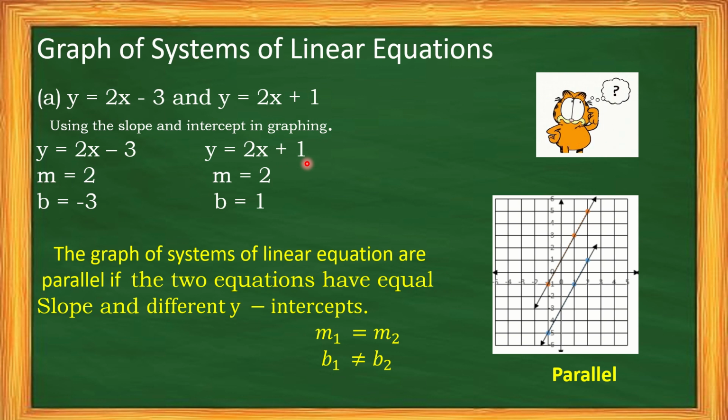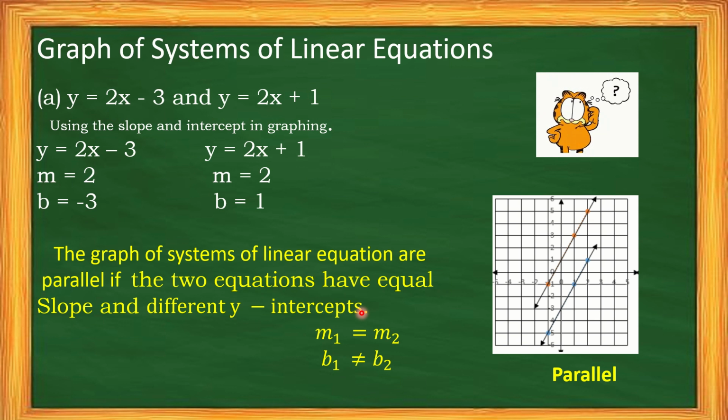As you can notice, the slopes of the two equations are equal, but the y-intercepts are different. So we can say that the graph of a system of linear equations is parallel if the two equations have equal slopes and different y-intercepts.